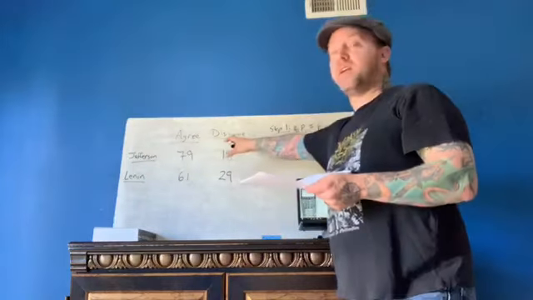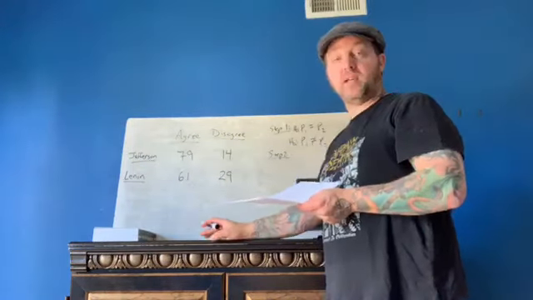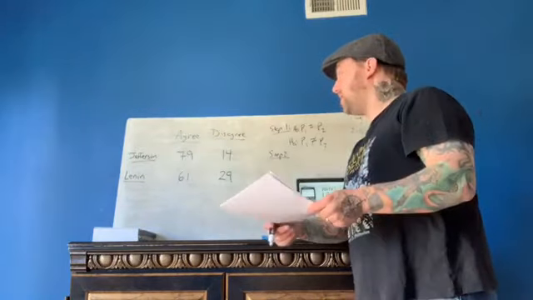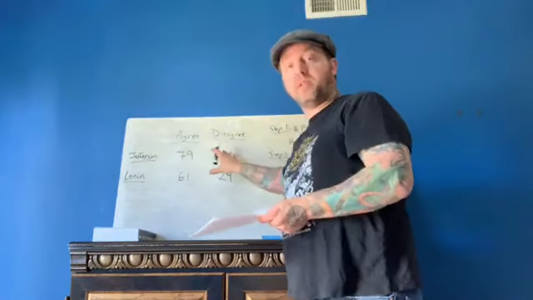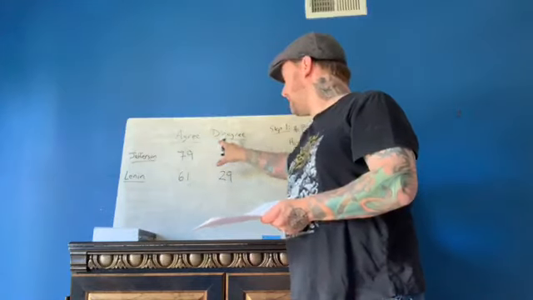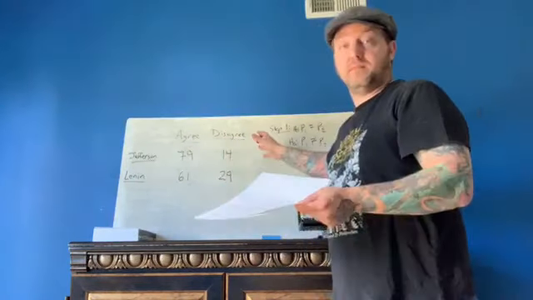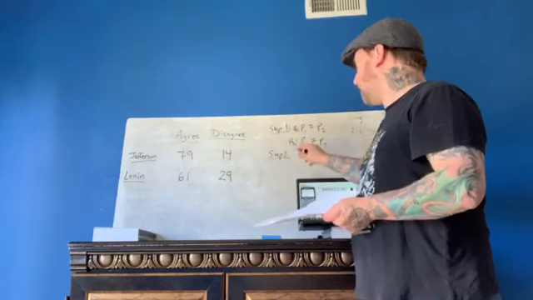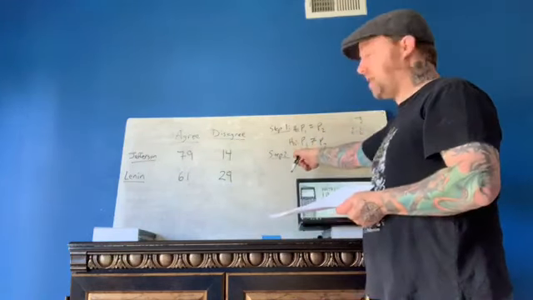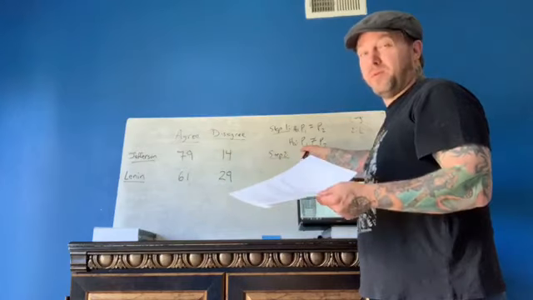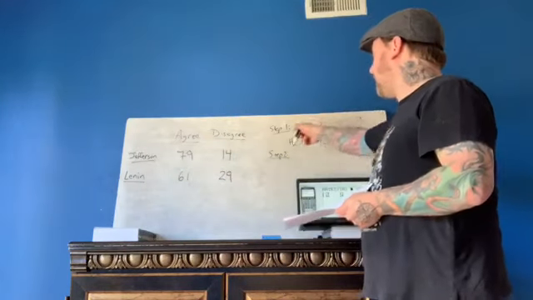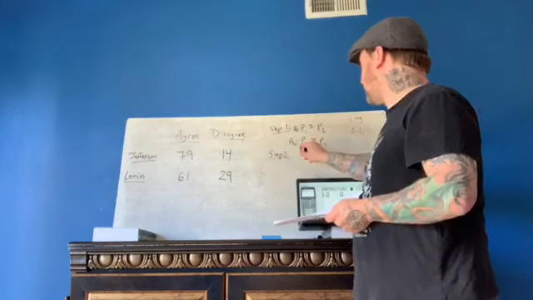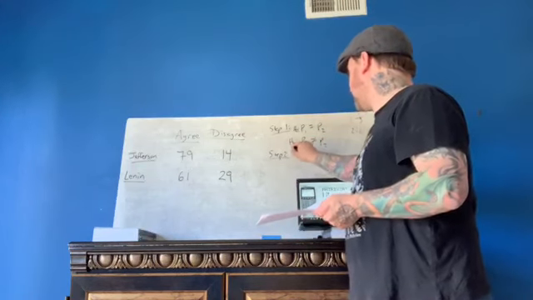Are all expected counts at least 1? Yes. Do all expected counts here have to be at least 5? Yes, they do, because only 20% could be 5 or less than 5, and here we've got 4. So all of them have to be greater than 5. So I would say, we don't know if it's random, but we assume since it's an experiment, all expected counts greater than 1, all expected counts greater than 5.